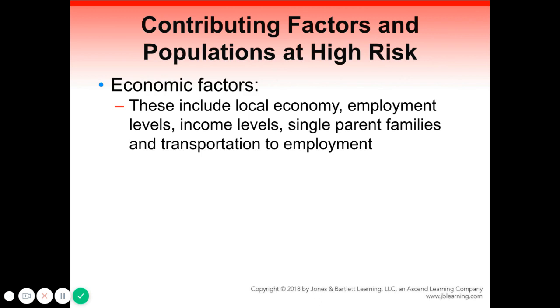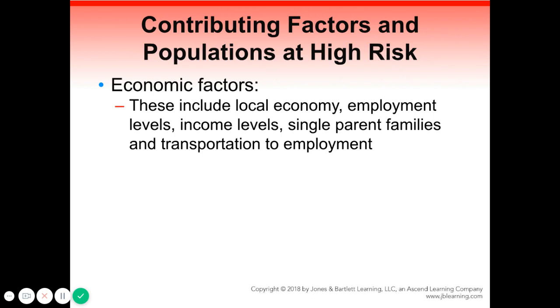These include local economy, employment levels, single-parent families, and transportation to employment. So I would remember this one as well, economic factors, and what roles these play in that community. There is a high correlation between socioeconomic status and your risk for fire and injury.